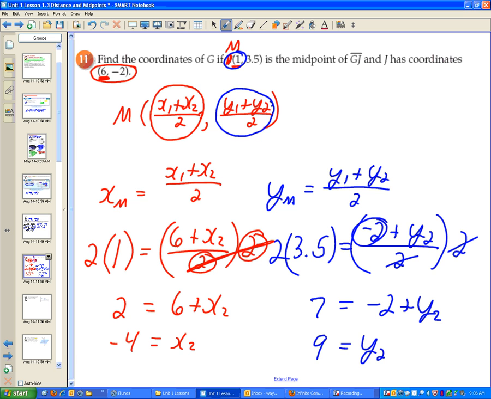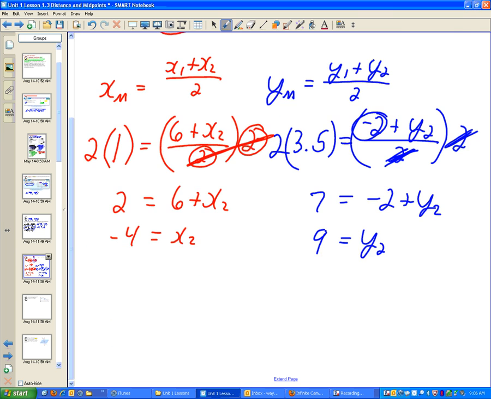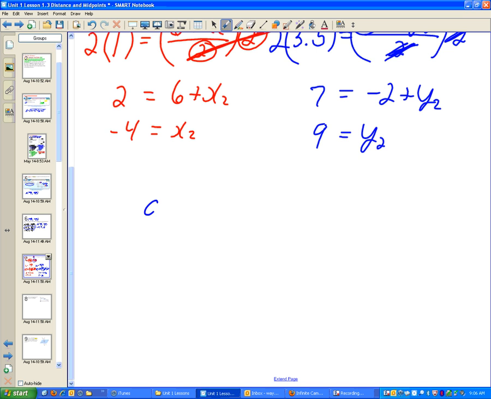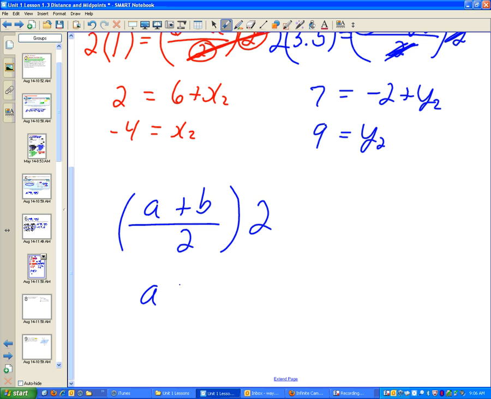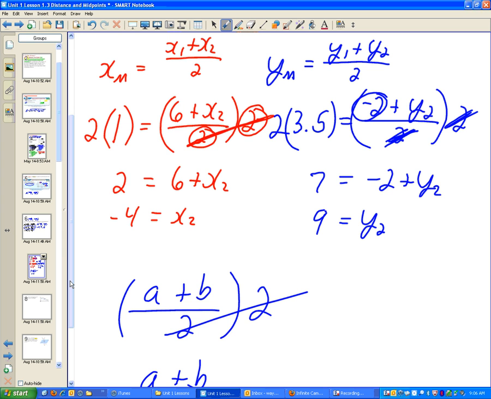It's I divided them out. We're having algebra issues. This isn't good. If I've got a plus b divided by 2, and I multiply it by 2, shouldn't I just have a plus b? That's what's going on. Does that help?